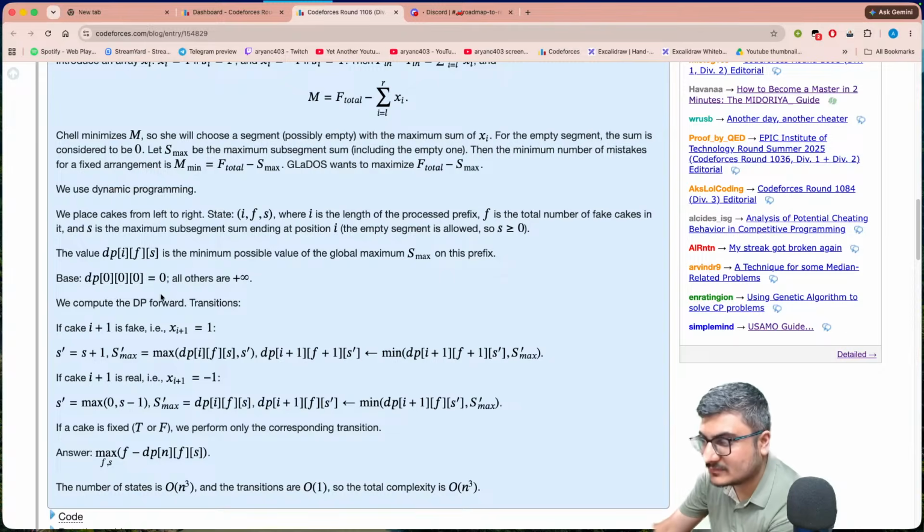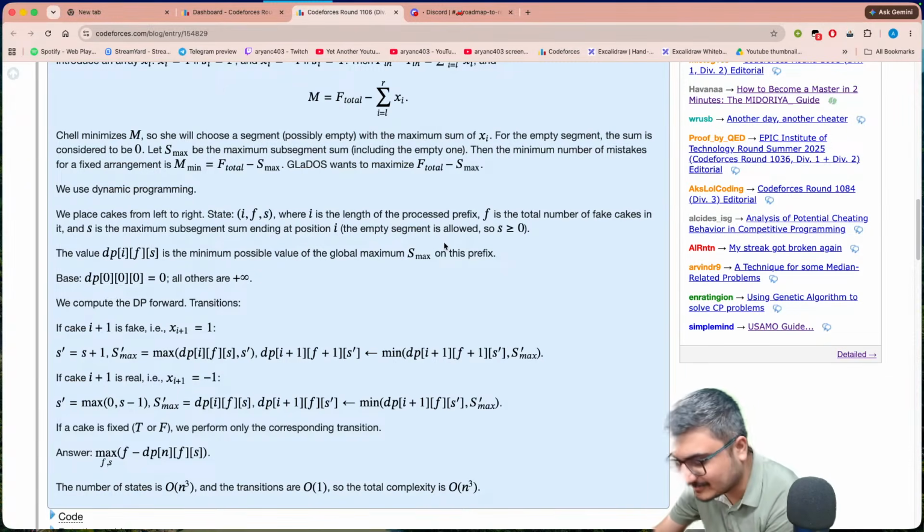Okay, interesting one. Okay, this is actually an interesting idea. Like it optimized the n to the power 4 solution into n cube by moving one of the states into the DP.